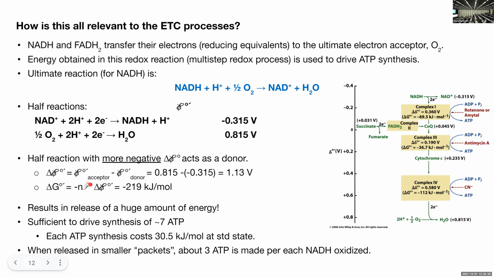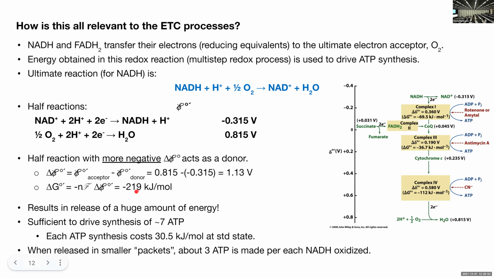And we plug this number into this equation to get the negative value of delta G naught prime, a really highly negative value, negative 219 kilojoules per mole, meaning that it's a spontaneous reaction. And it actually releases a lot of energy during this reaction, right?